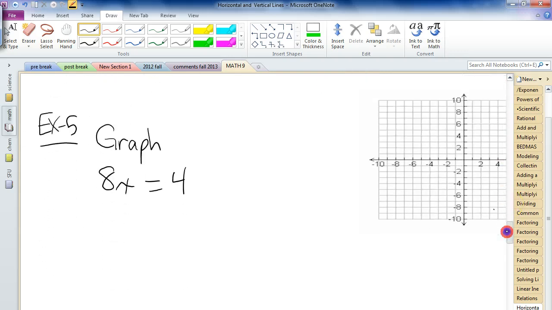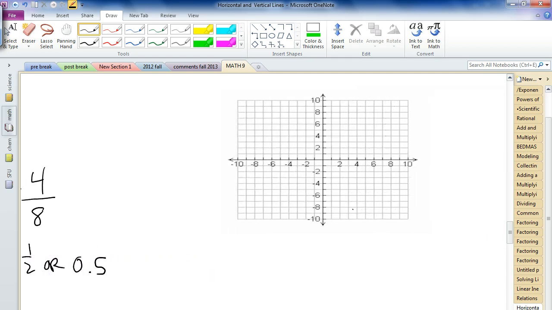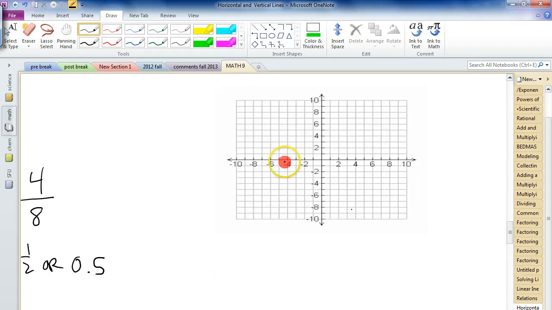How about if you had this: 8x equals 4. Again, you want to get the variable by itself. So 8 is multiplying the x; divide by 8 to get rid of it. The 8's are gone. X equals 4 divided by 8, which is the same thing as a half, or if you like decimals, 0.5. So x is a half, or 0.5. Where x's are vertical lines going up and down, find where half is on here.